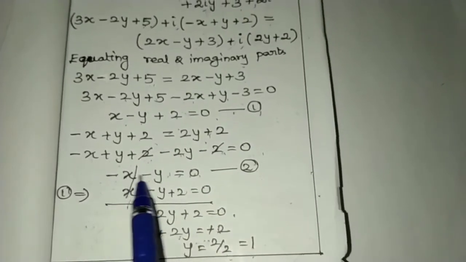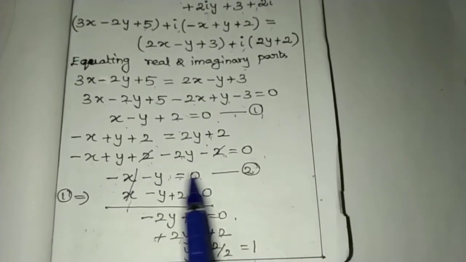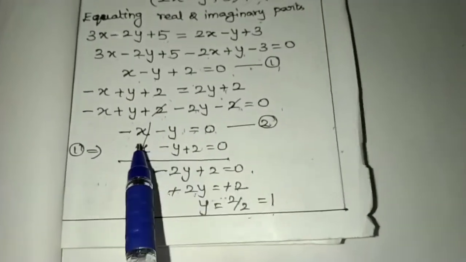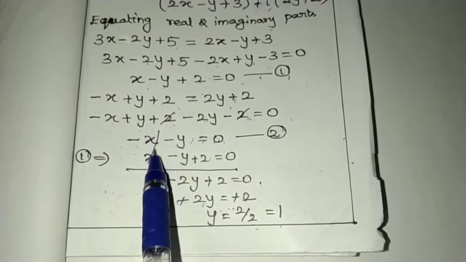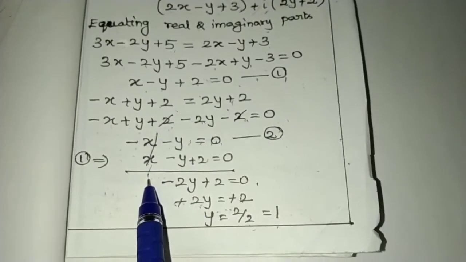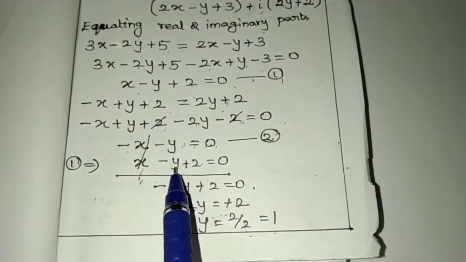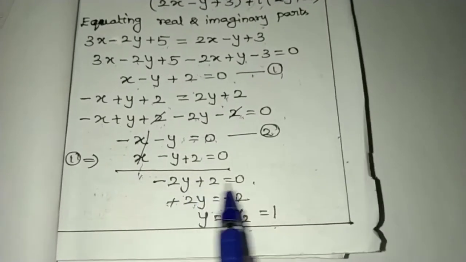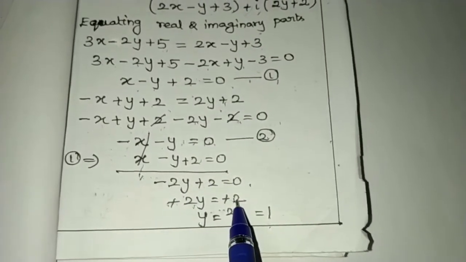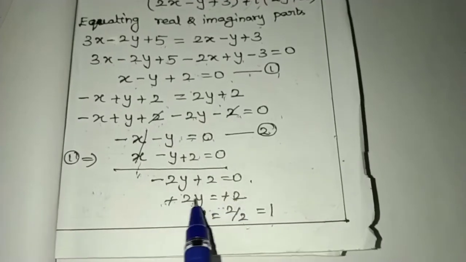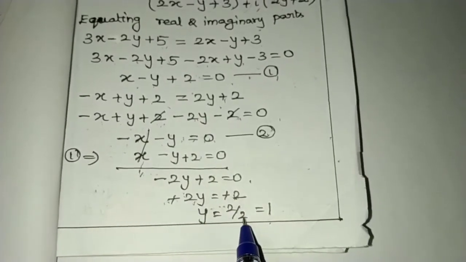Now second equation I will take. Write the second equation as it is. First equation, write, simplify using elimination method. Minus x plus x cancel, and minus y minus 2y plus 2 equal to 0.